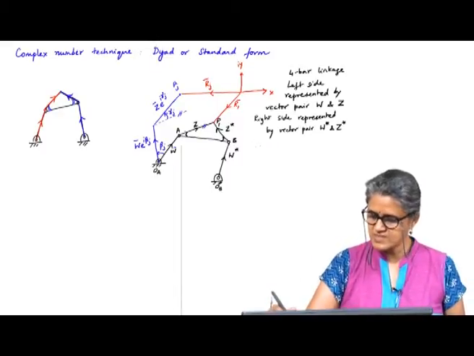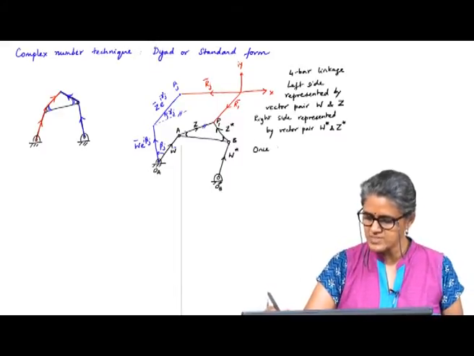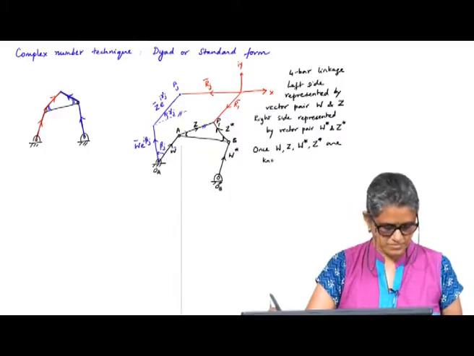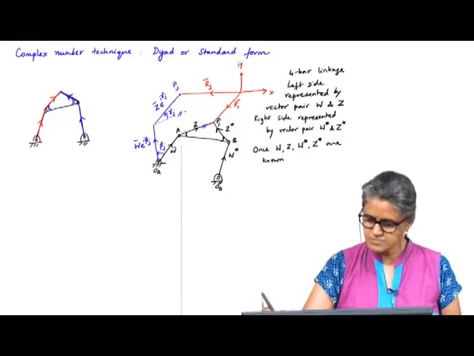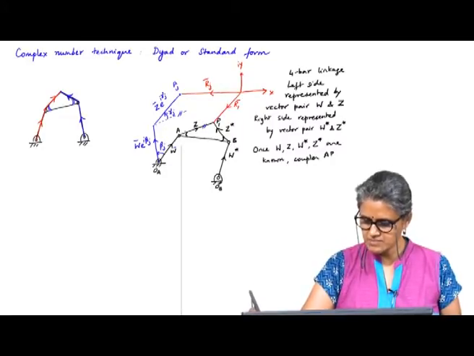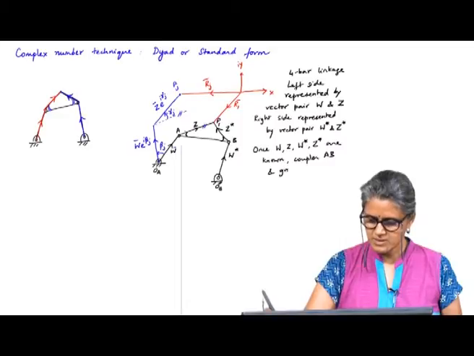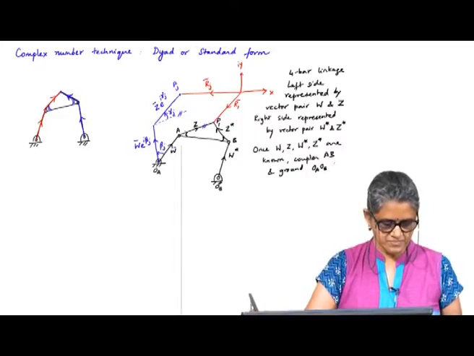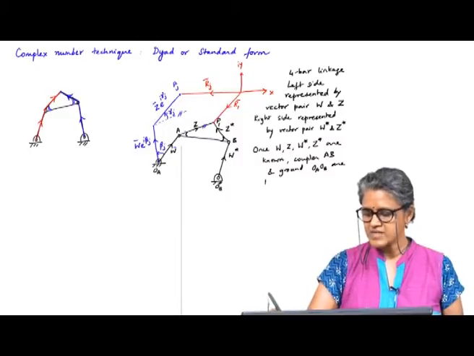So, once I know the two pairs, once W, Z, W star, Z star are known, coupler AB and ground OA OB are known by vector addition.